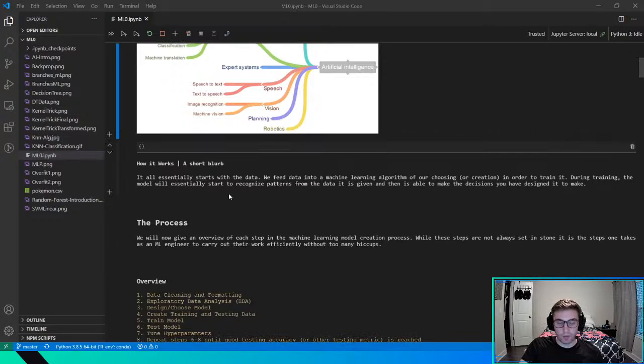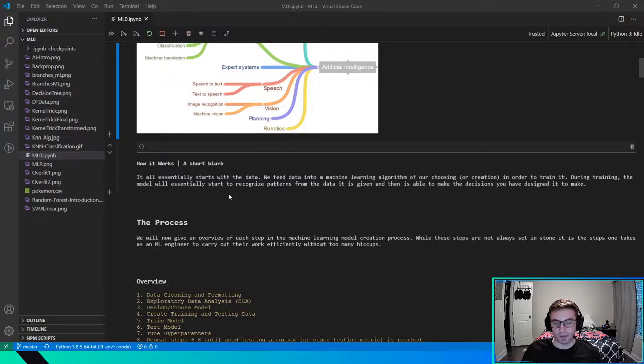But yeah, so in a blurb, essentially all of it, no matter what, starts with data, and data is the most important part of any machine learning, and that's what you'll spend a majority of your time working on. Even though the algorithm is the cool part that everyone wants to work on, I'd say approximately 60 to 85% of your time will be working with data itself. Just because if you feed the machine learning algorithm a small amount of data or a bad representation or bad data, it's not going to be able to learn very well.